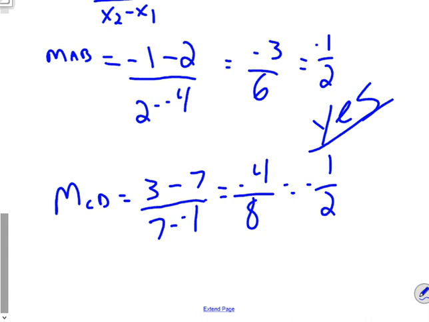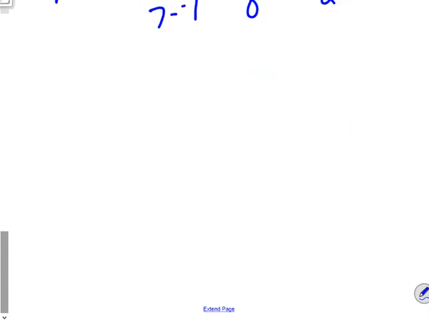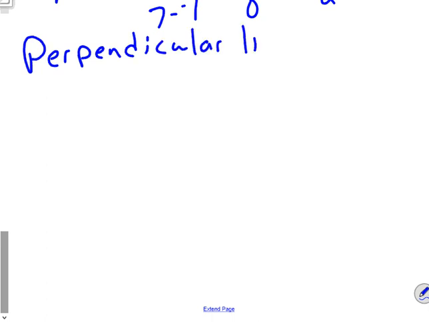Now we'll do perpendicular lines. Perpendicular lines, they're fun too. All right, perpendicular lines, their slopes, unfortunately, aren't identical.